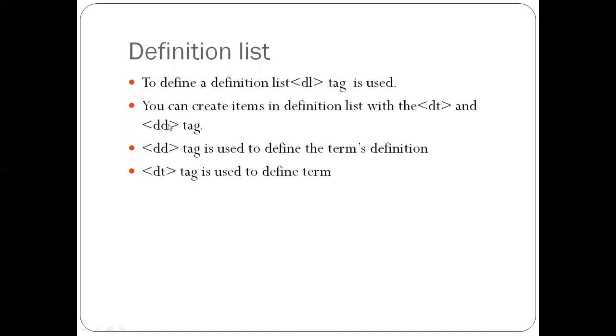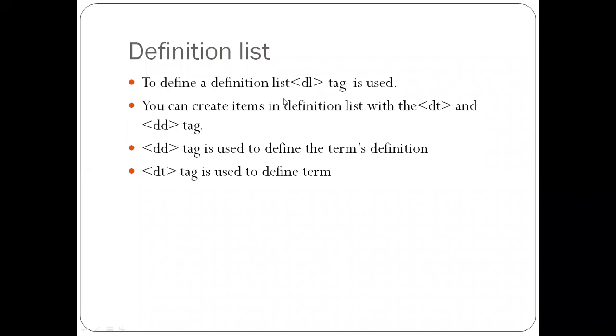And DD means what? Definition data. For example, I want to define the input device. Then input device becomes DT, that is definition term. And whatever definition I write under that definition term, that starts with DD.